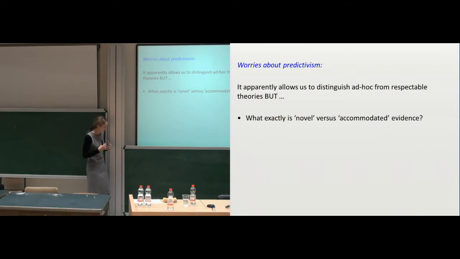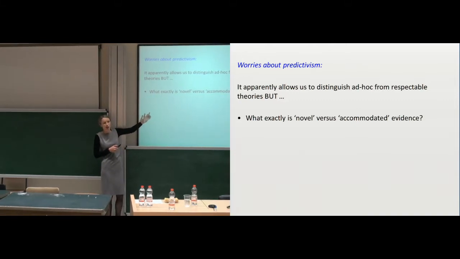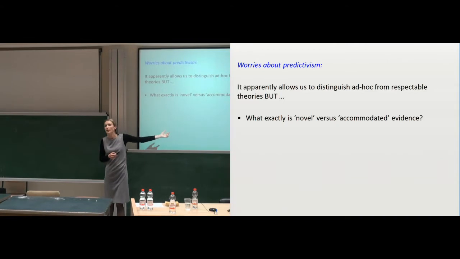Even so, people have tried to take it very seriously, this difference between accommodated versus predicted or novel evidence. The good thing is that it seems to allow us to distinguish ad hoc from respectable theories in terms of the support they get from the same evidence. But there's a big question of what exactly is novel evidence versus accommodated evidence.